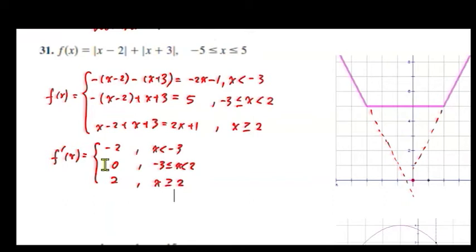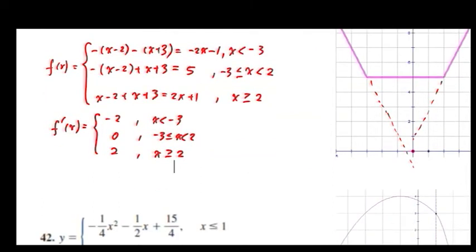So we have decreasing, flat, increasing. You know what I'm saying? So we can still say it's a minimum there. You get it? But we cannot really specify the x value because this is an interval. So we'll just conveniently say absolute minimum, which is without the x value, we'll just say 5.